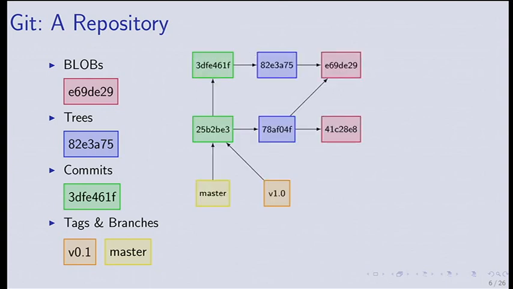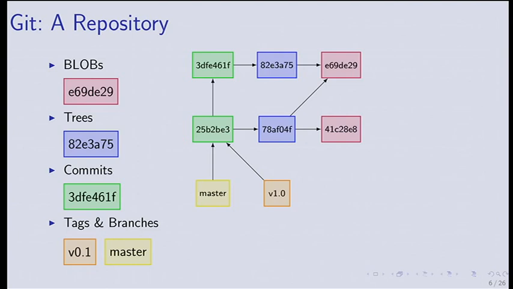This is how a Git repository looks, the tree of a Git repository. First we have master, the branch, which is a reference to some commit. This commit has a reference to a tree and to its parent, and the tree has references to blobs.